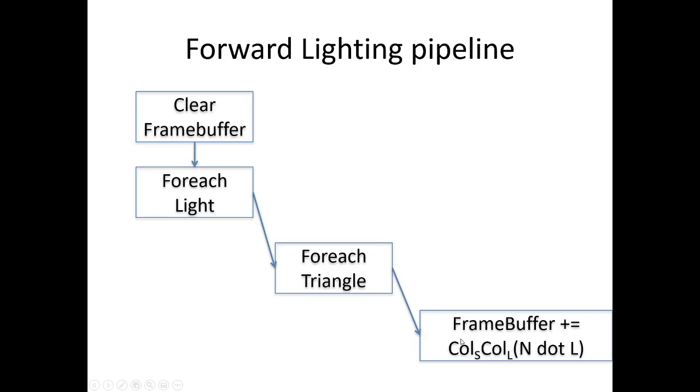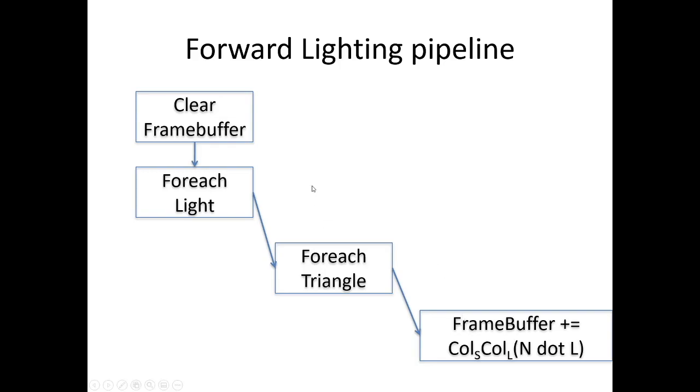For every pixel in the triangle, we're also checking the shadow map against the light source and determining whether or not that pixel is in shadow. We'll do the full n·l in this case, and capture whatever our light value is for that pixel, given that light source, the normal, everything that we already know, and we'll add that to the frame buffer.